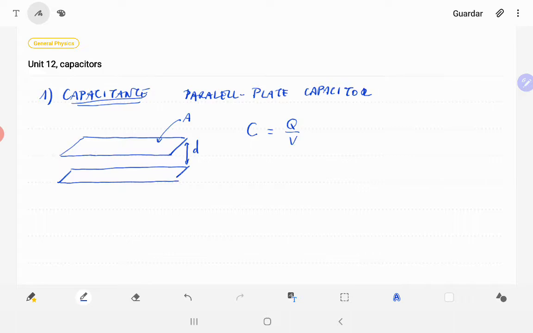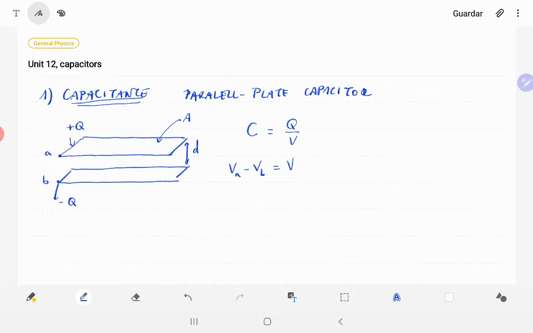So if we think that the upper plate is charged with charge plus Q and the lower plate with charge minus Q, we can say that this is point A, this is point B. So the electric potential at A is going to be bigger than at B, and this is what we call directly V, the V that you have in the definition of the capacitance.